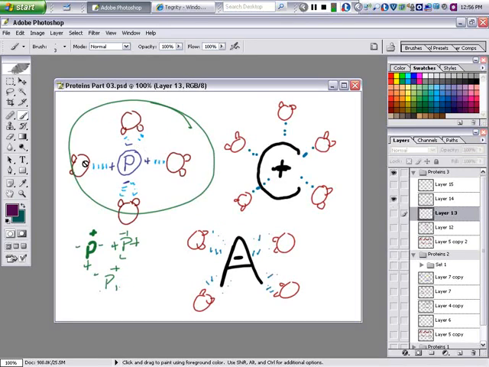So I'm showing you here, at low salt concentrations, the water is going to make a hydration shell around the protein, and it's going to dissolve the protein. However, if you add too much salt, and here we have the cation with its positive charge and the anion with its negative charge, the salt is going to take priority.